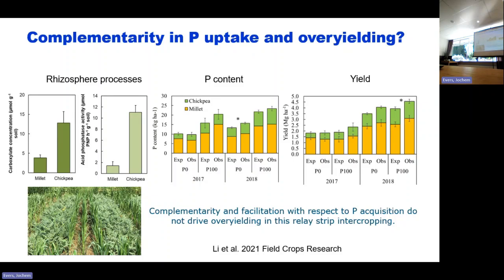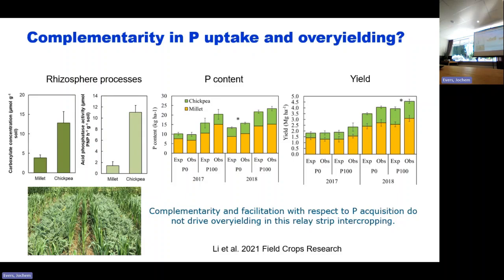In the first season, the P uptake overyielding did not lead to overyielding in the grain. So that means the P uptake overyielding did not transfer to the grain overyielding.